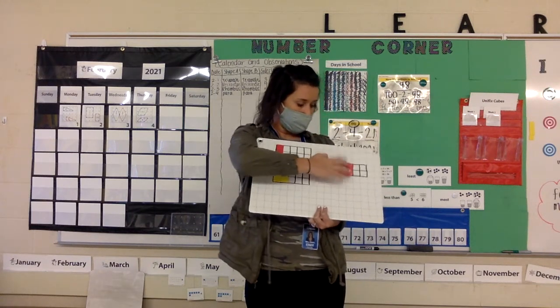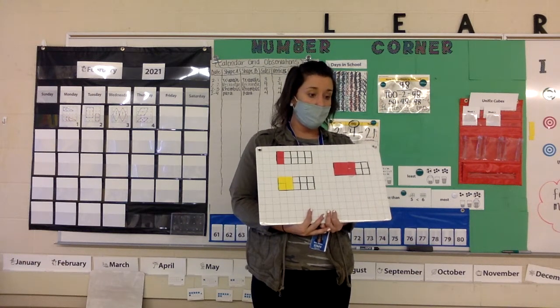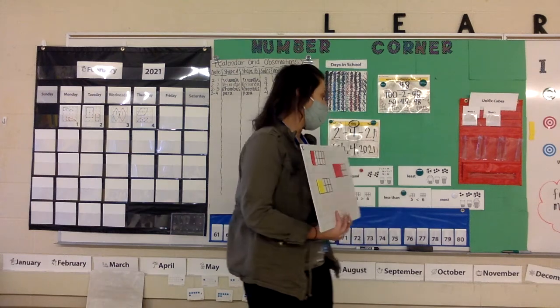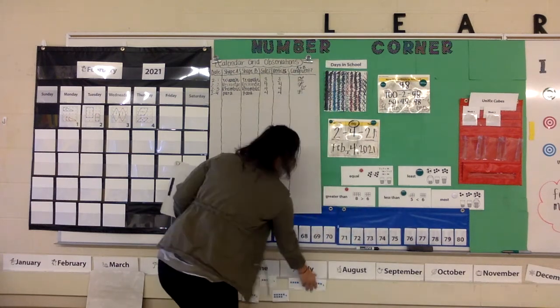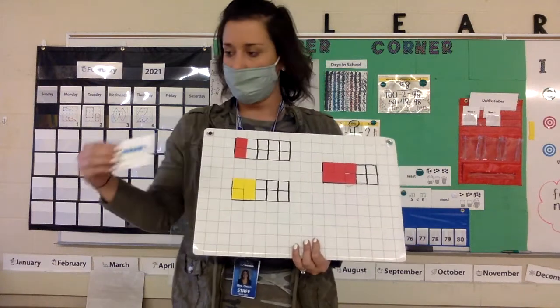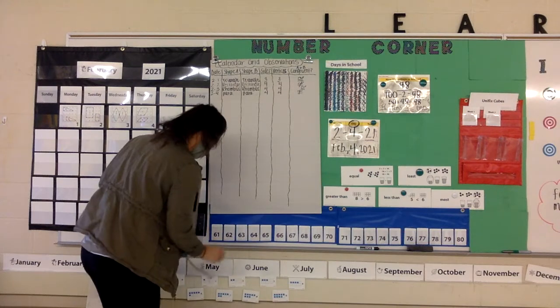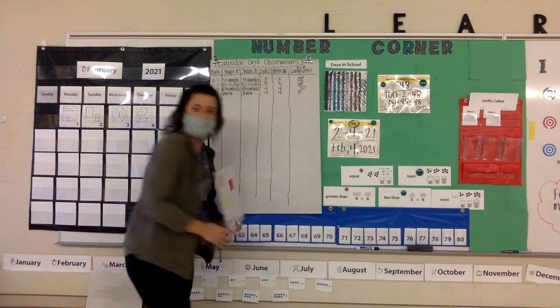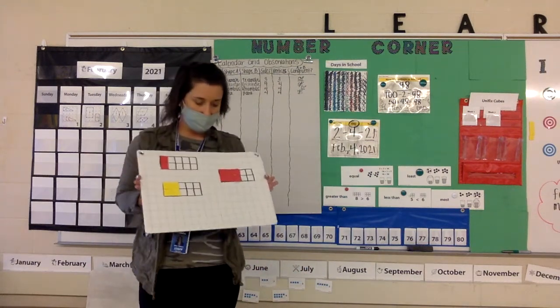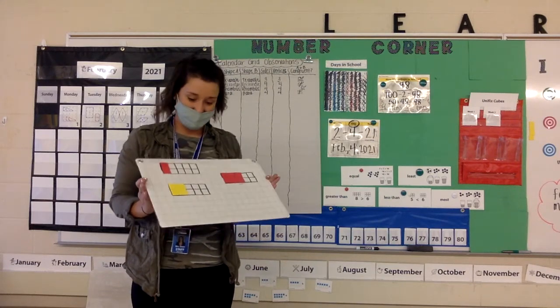Normally when we're looking at charts, we have some circles, but right now it's cubes. Yep, you're right. What else do you notice? 10 frames. Oh, they're 10 frames. Thank you.